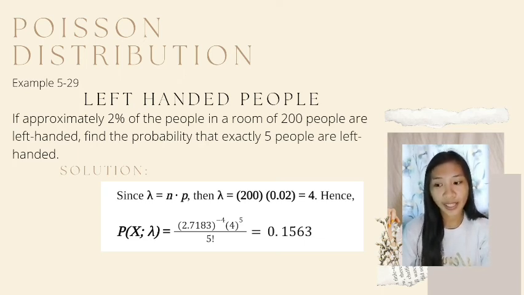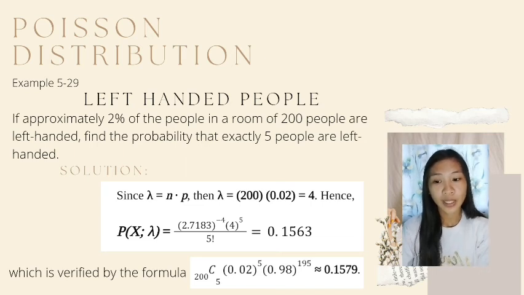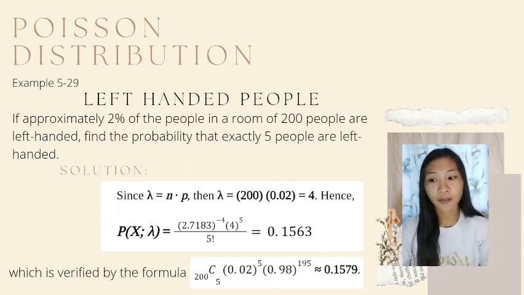Hence, probability of x such lambda is equal to 2.7183 to the power of minus 4 times 4, which is the lambda, to the power of 5 over 5 factorial, which is equal to 0.1563, verified by the formula similarly to 0.1579. The difference between the two answers is based on the fact that the Poisson distribution is an approximation and rounding has been used.